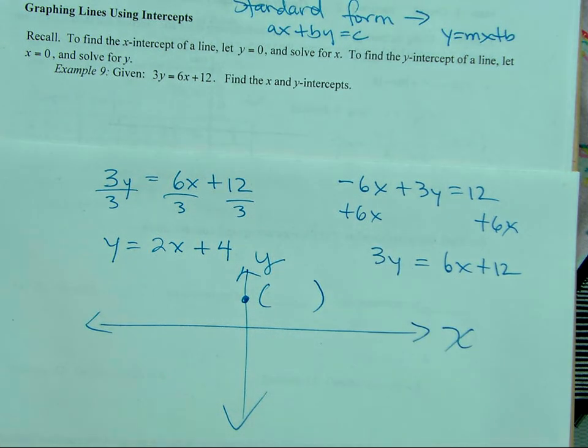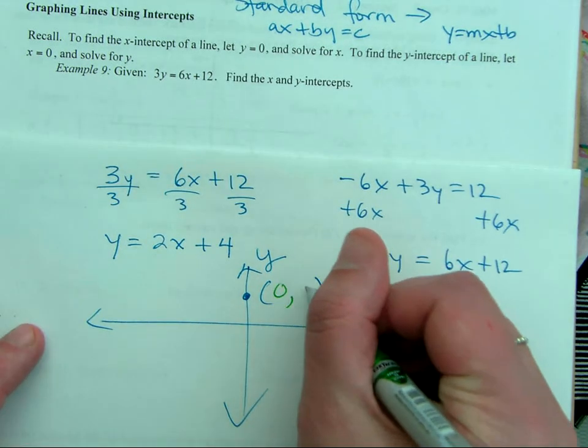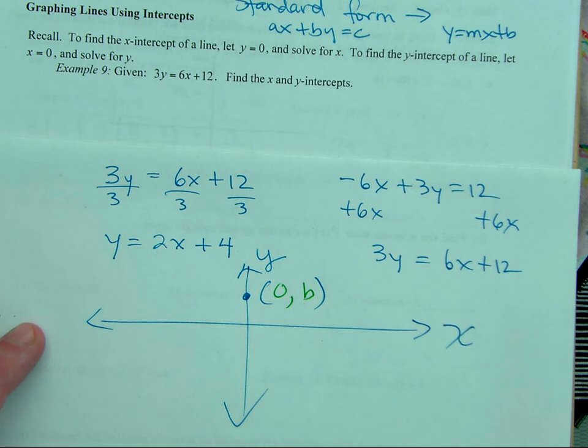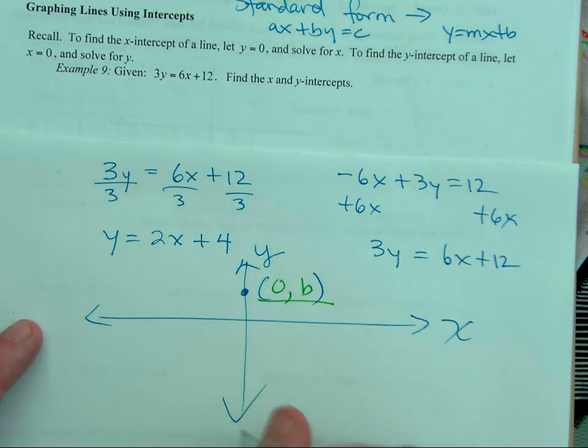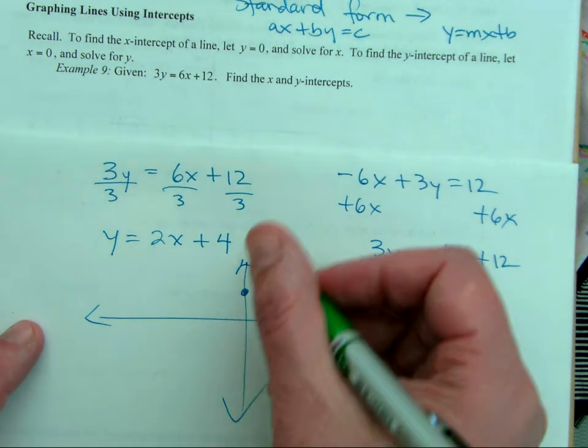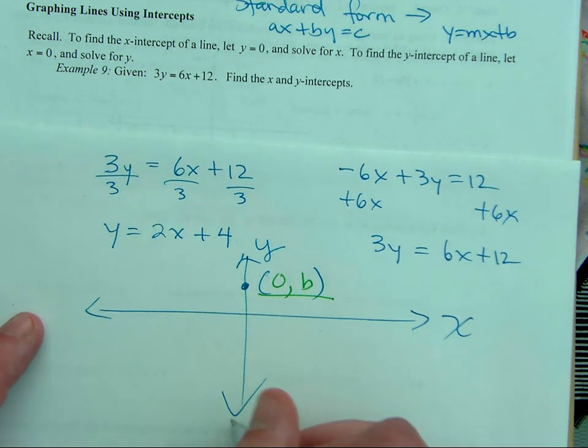You know the x-coordinate, right? What's the x-coordinate of any point on the y-axis? Always x is equal to 0. So 0, b. That's our y-intercept. That means the equation of the y-axis is x equals 0.